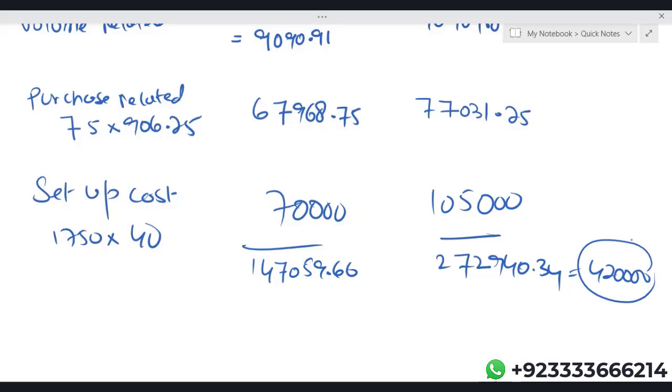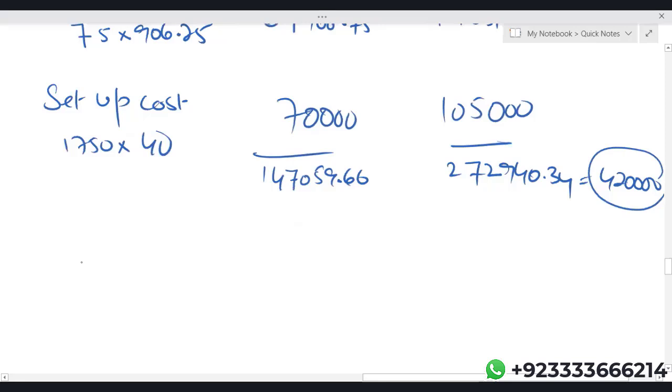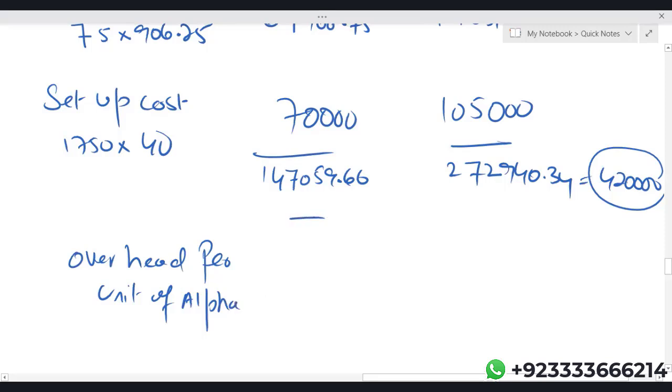Now we just need to calculate overhead cost per unit of alpha. So very simple. Divide this with 12,000. If the examiner is also asking to calculate overhead cost per unit of beta, then obviously total overheads which belong to beta divided by 12,000. But right now they're not asking this.